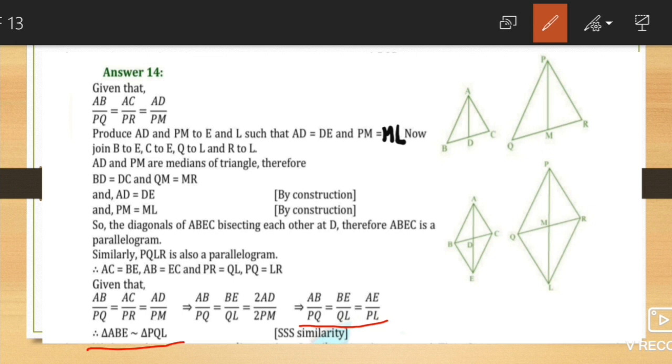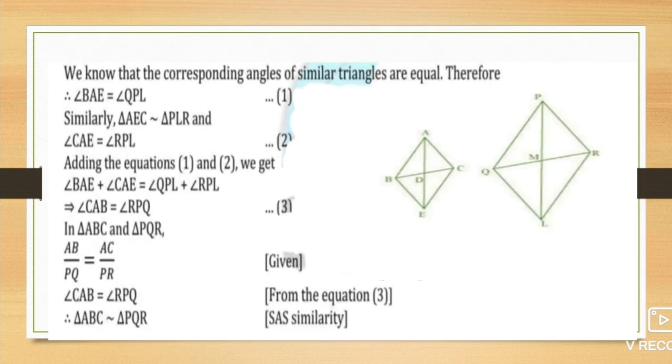Now since these two triangles are similar, angle BAD is equal to angle QPM. Why? Because they are corresponding angles. Since these two triangles are similar, corresponding angles are equal. Okay, let's take the next slide.